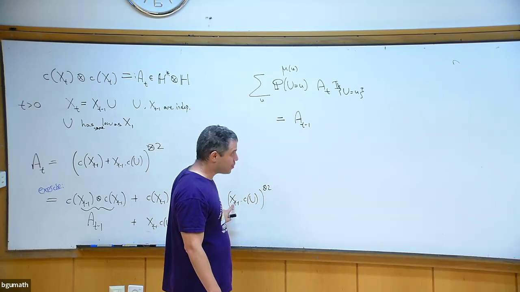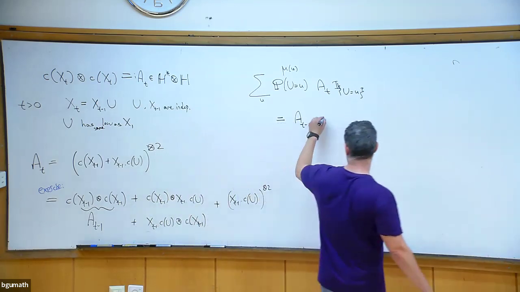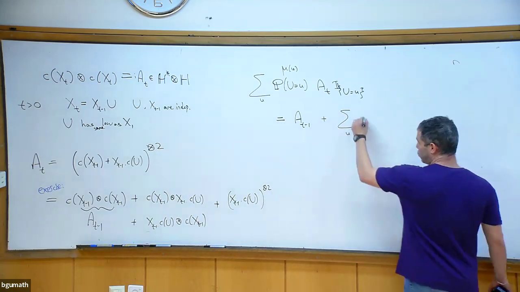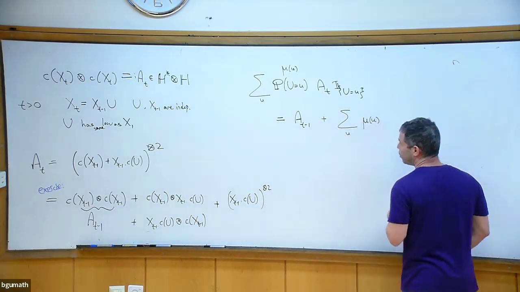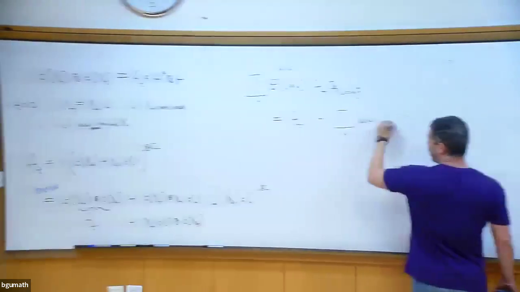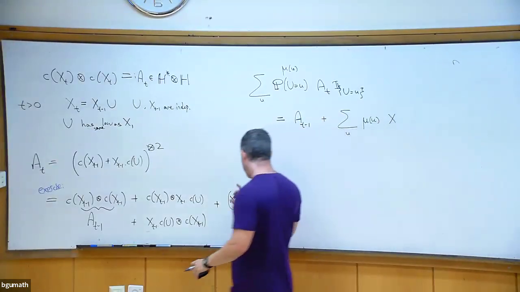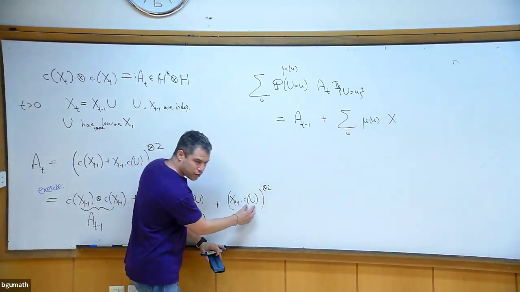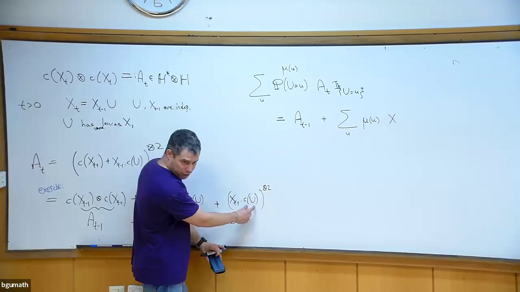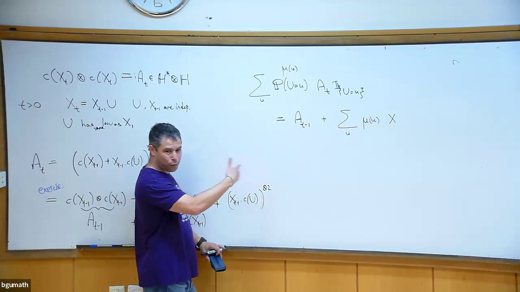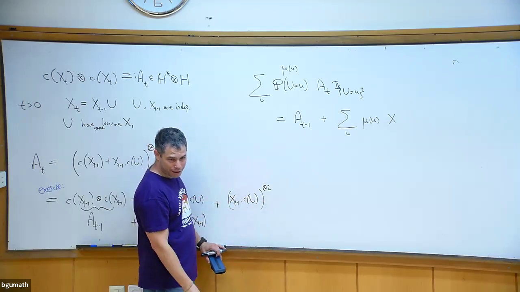So this is just the average over U of mu of U, the second term, of X. Now I'm reminding you that we had another exercise that said if you act with the X on both coordinates of a tensor, then it's the same as conjugating the original tensor by the X. You just compute what the operators do and they both do the same thing.